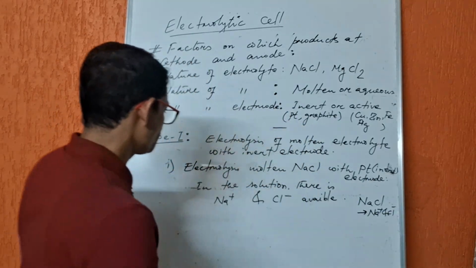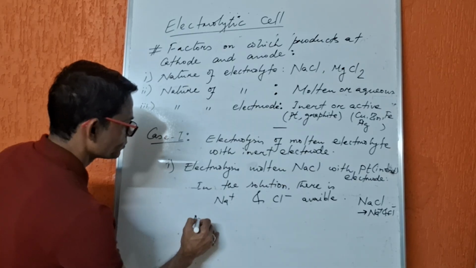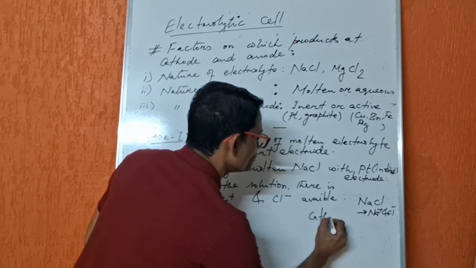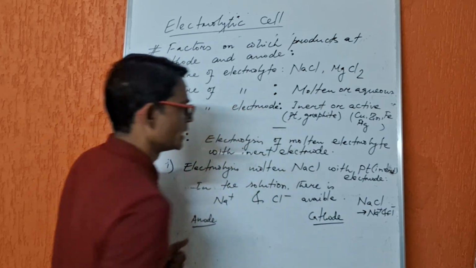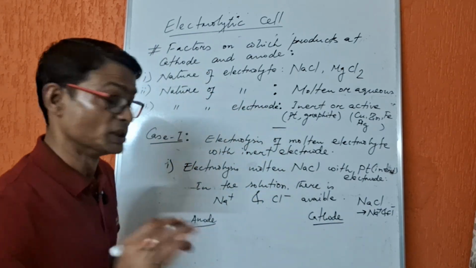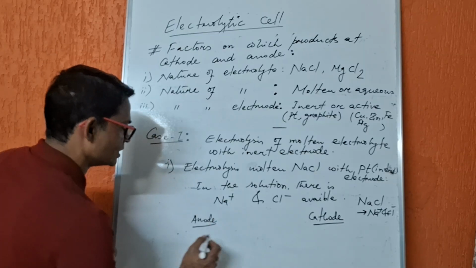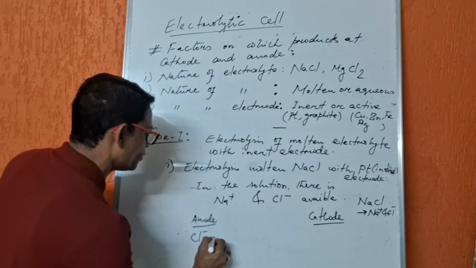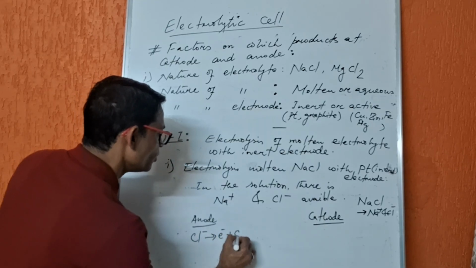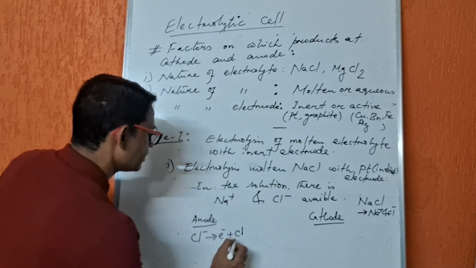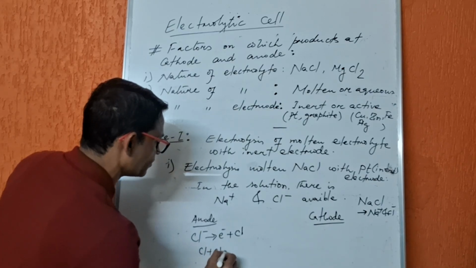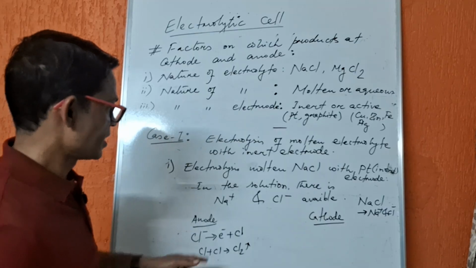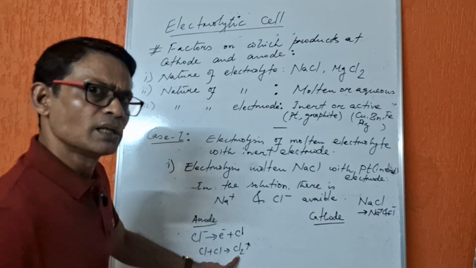So Cl minus will move towards anode, as anode is positive, and lose electron to produce Cl. Cl plus Cl will give Cl2, that is evolved.